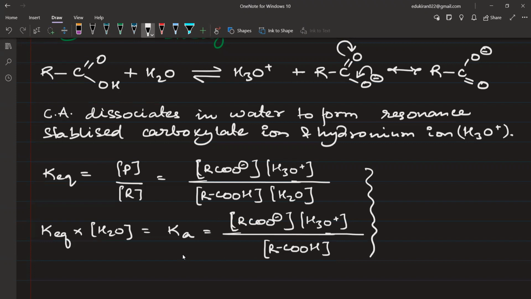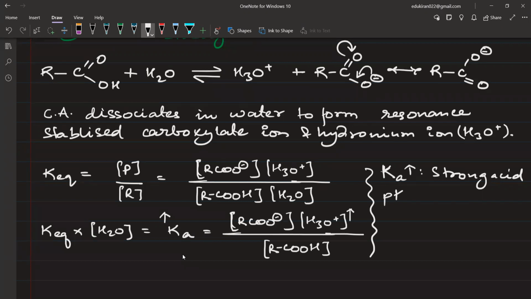Now please see, if we have more H plus ion, the amount of product will increase, right? If the amount of product increases, the Ka also increases. So if you have high Ka, that means strong acid. But we don't use Ka, we use pKa.